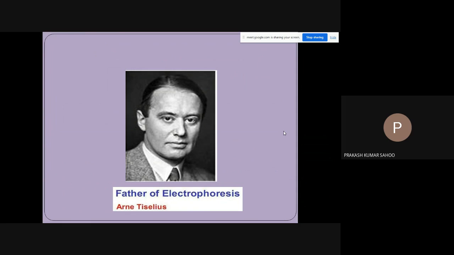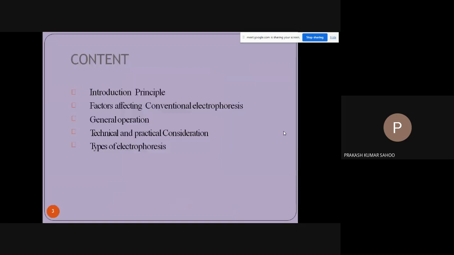So in our sample, the various positive and negative ions get separated by migration to their respective electrodes. The direction is decided according to their charge, so electrophoresis is a technique based on the migration of ions in an electric field.